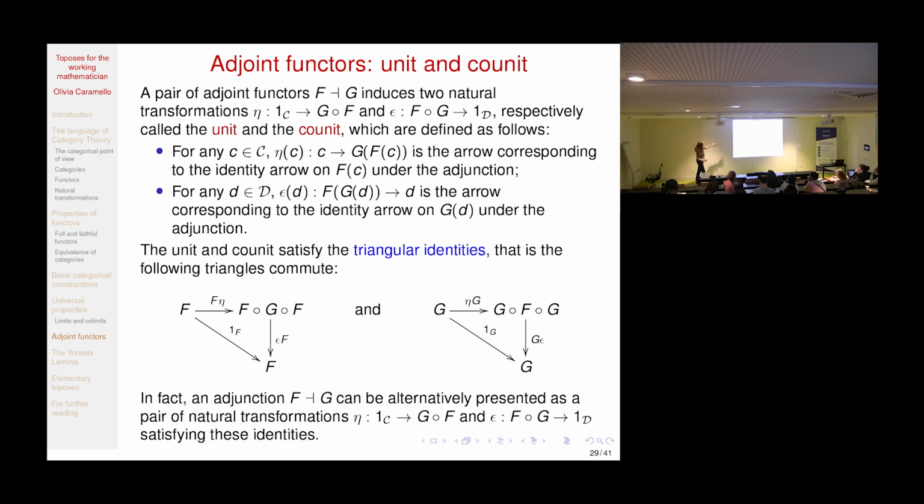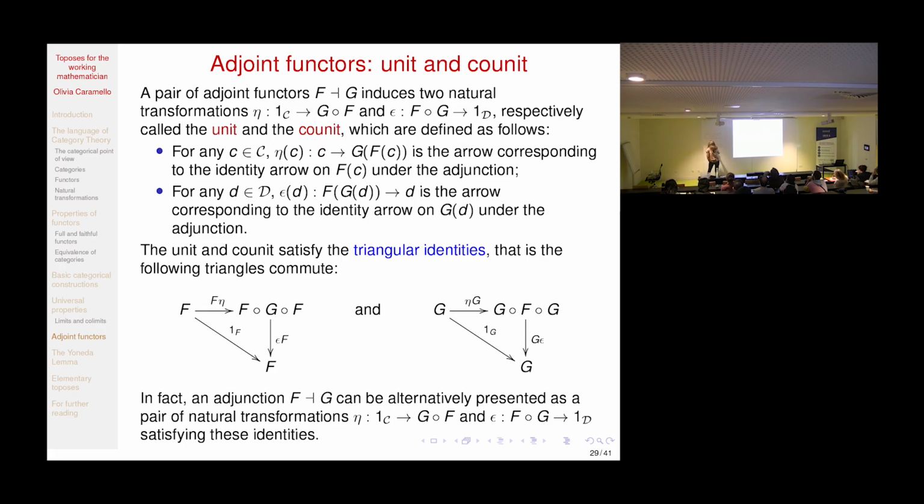And similarly, one defines the so-called co-unit of the adjunction. So this is a natural transformation going from F composed with G to the identity functor on D. This is obtained by taking here C equals G of D and looking at where the identity on G of D is sent on the other side.